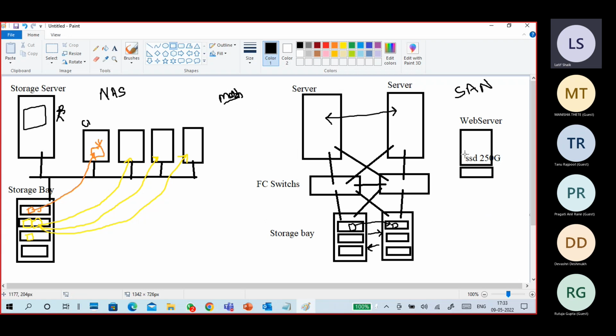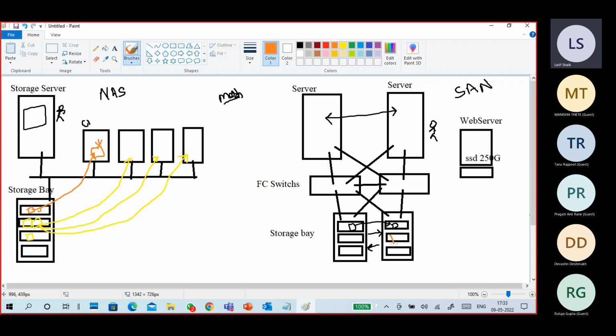But I don't want to attach any disk to my server. So what will I do? I will contact my administrator: I want 1 terabyte of disk space.